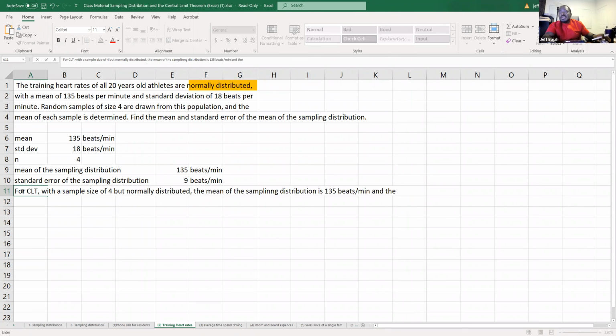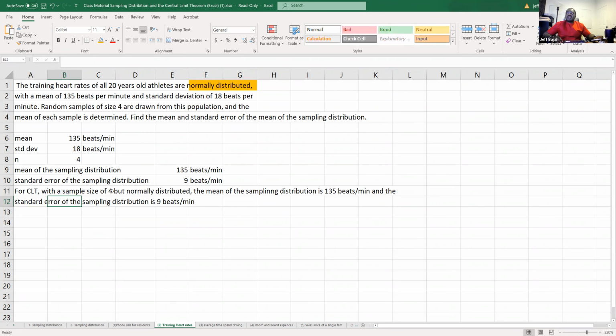The standard error, thank you for doing that, is 9 beats per minute. All right. Any questions on this?